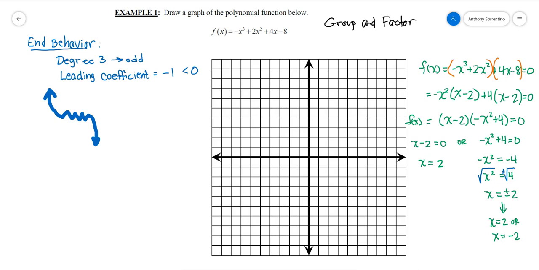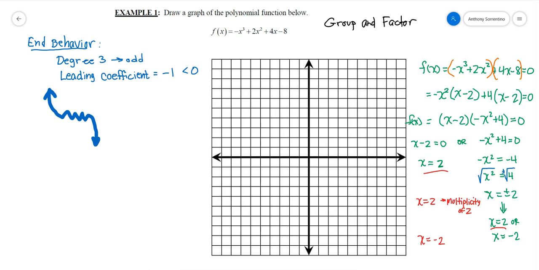So some important things happen here. When I went through the solution process, you notice that the x equals 2 showed up twice. This means that x equals 2 is a 0, but it has a multiplicity of 2. Whereas x equals negative 2 is the other 0.